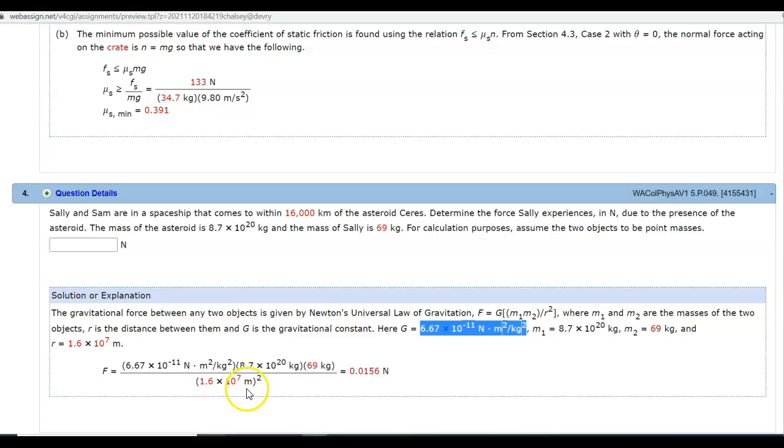We convert that to meters, so it would be 16 million meters. And then they use scientific notation, so that would be 1.6 times 10 to the 7th. I would have actually done 16 times 10 to the 6th. I'm an engineer though, not a scientist.